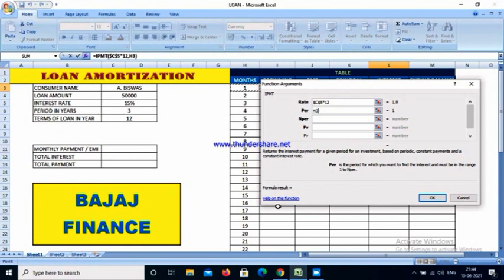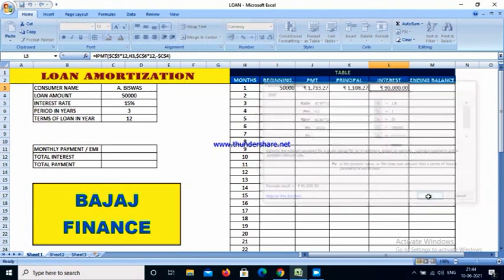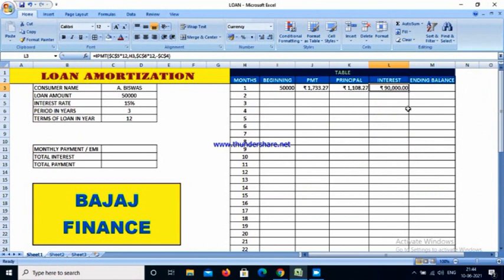Now come to the next row, nper. Nper means period in years. Click over here, press F4, multiply by 12. Come to the next row, give a minus symbol, choose your original loan amount, press F4, click OK. Look at here. One mistake I have done, students. I have given 10 extra.